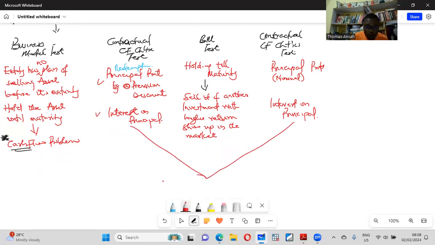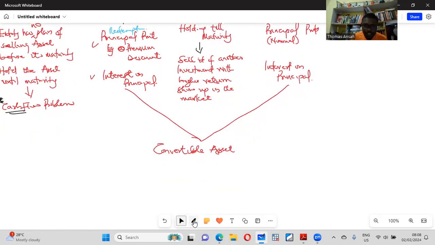Be careful of convertible assets. Because convertibles, the cash flows are not the principal and the interest. The cash flows include cash and what? Shares.